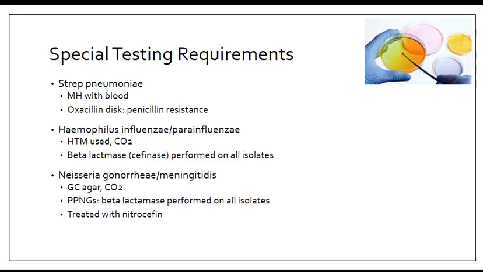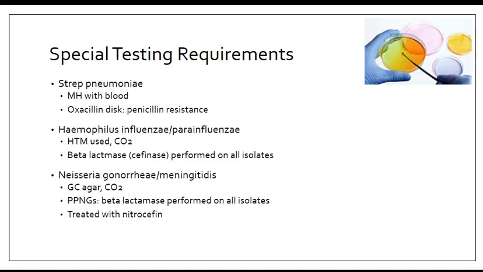resistance that way. Haemophilus influenzae and parainfluenzae, a special Haemophilus media has to be used, and you have to incubate it in CO2. Beta-lactamase that checks for penicillin resistance has to be done on all of those isolates, and also with Neisseria gonorrhoeae and meningitidis. A GC agar has to be used.